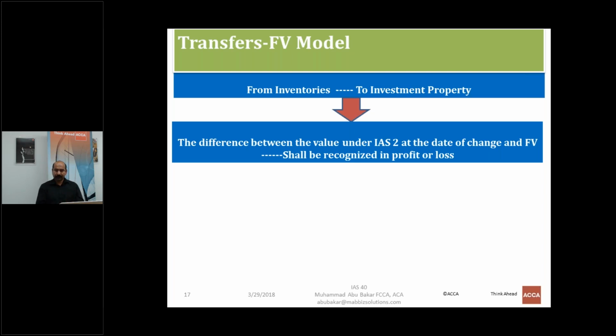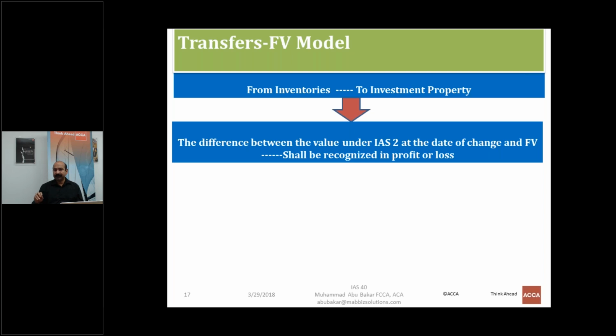Now you changed its use by renting it out to a third party. At this point, you will determine the fair value of this building. If the fair value of this building, whose carrying value as an inventory is 10 million, is like 12 million, this property will be transferred from inventory.